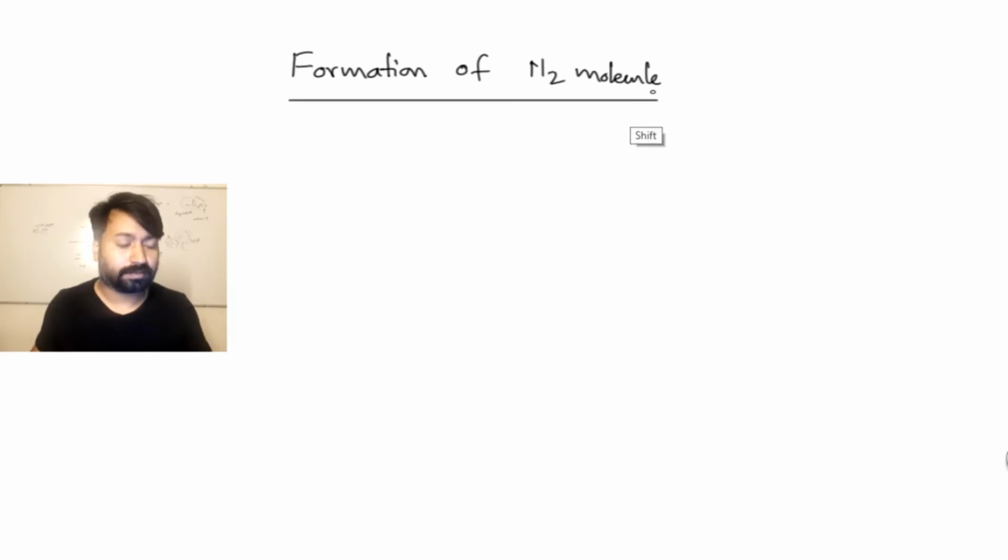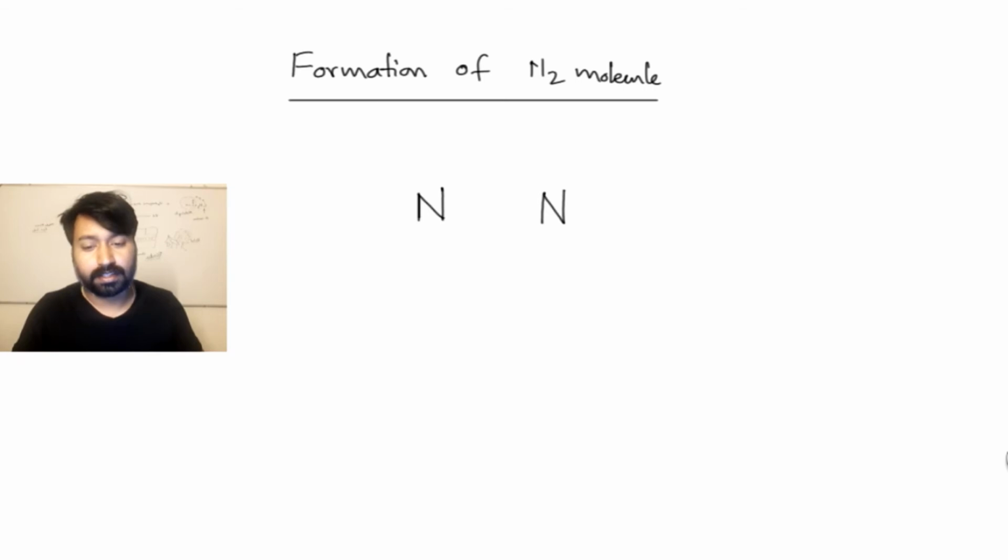We'll try this. First we have to draw the nitrogen atom here. This is nitrogen, and there is one more nitrogen we have to write here. There are a total of 2 nitrogens.